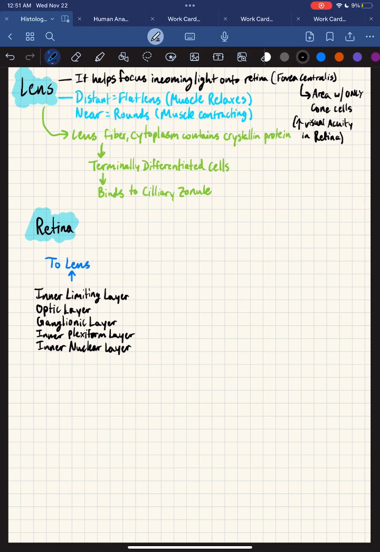We've reached the other side of this layer, heading towards the choroid and the vitreous humor now. So now we're going to the outer plexiform layer. Then outer nuclear layer.